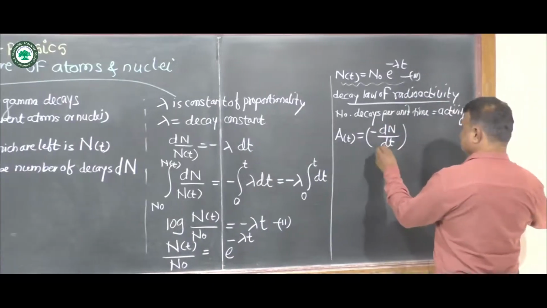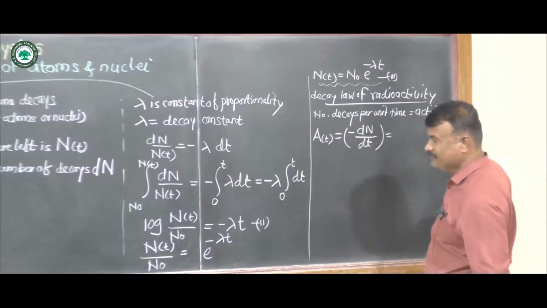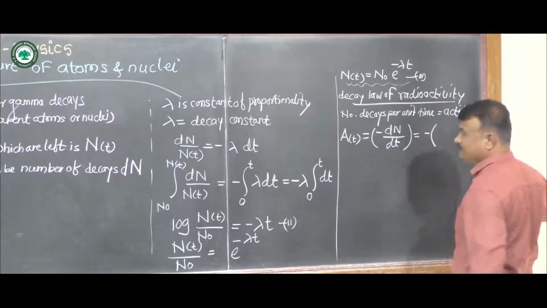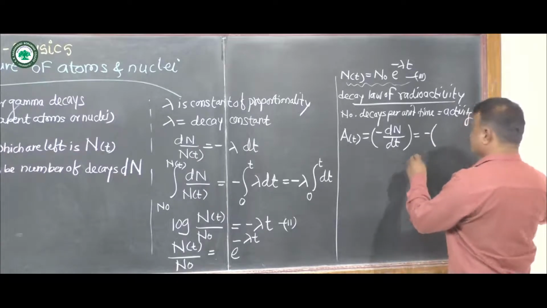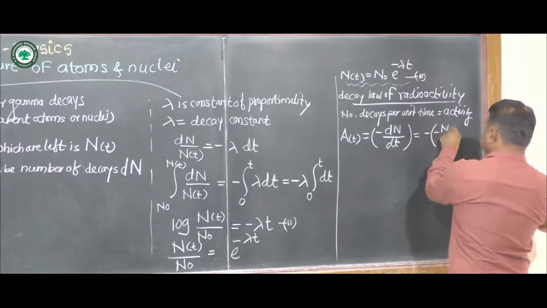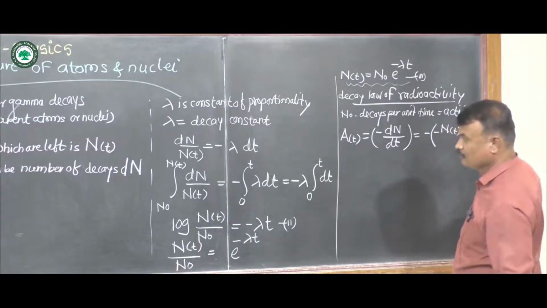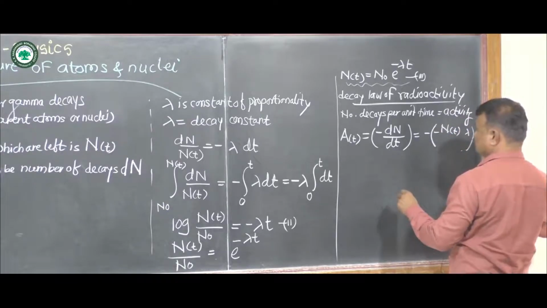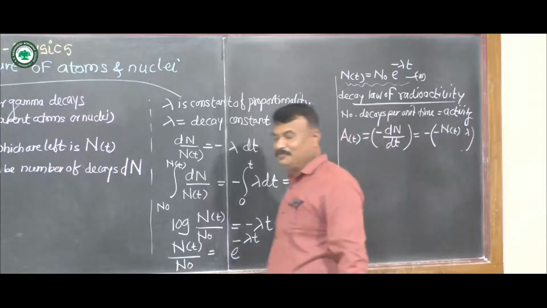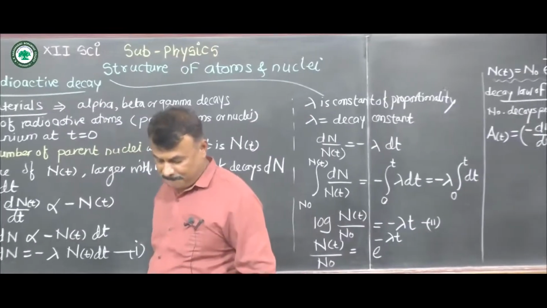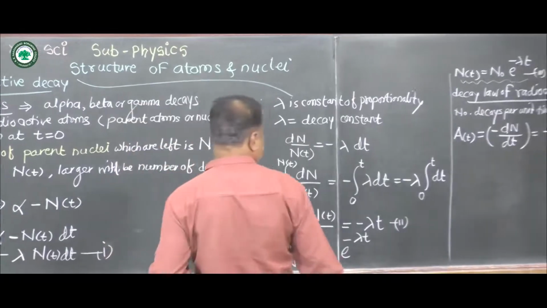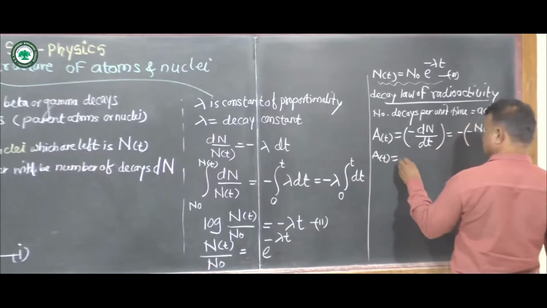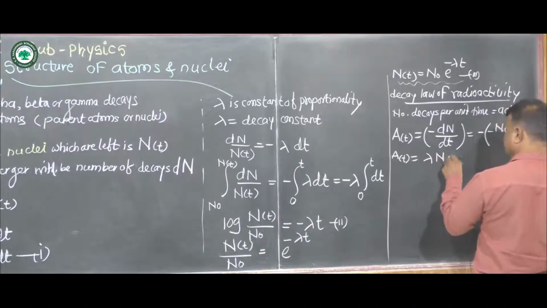So we substitute this, and we get activity at time t as minus in bracket minus Nt into lambda. This minus minus will become plus, and then we get At is equal to lambda into Nt.